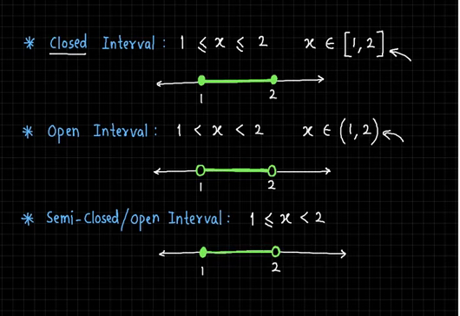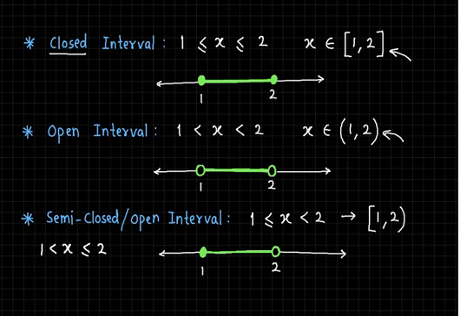Similarly, we can have the other possibility also, that is 1 is less than x, which in turn is less than or equal to 2. So this also we can clearly show. Now as far as the notations are concerned, the first case is denoted as closed at 1 but open at 2. Correct?